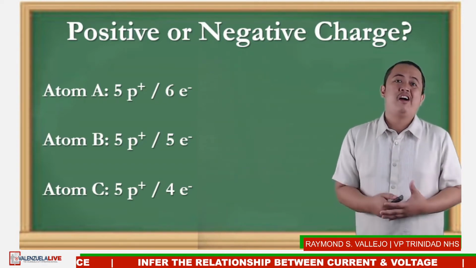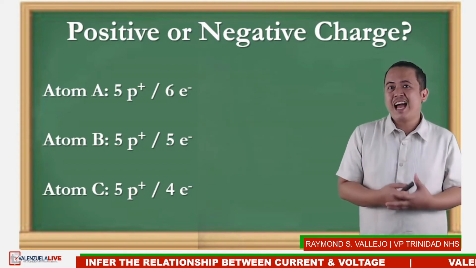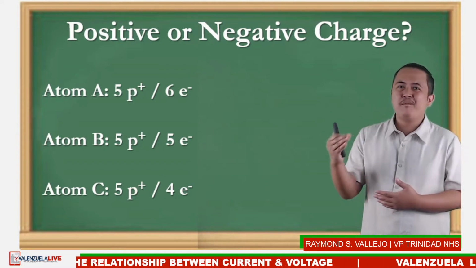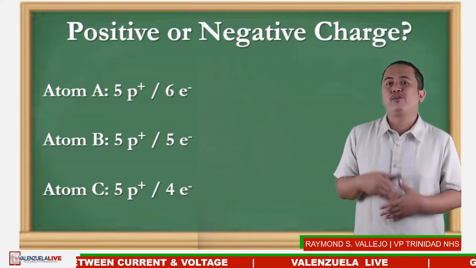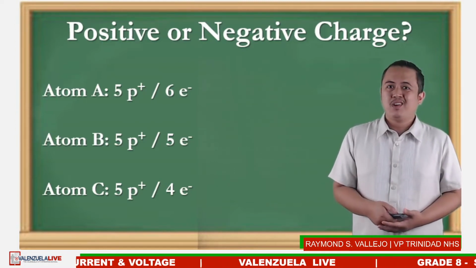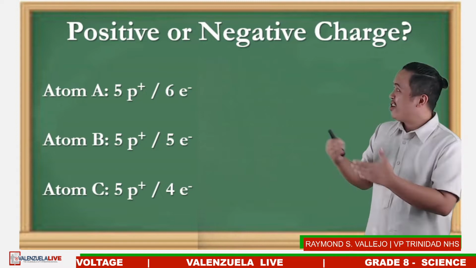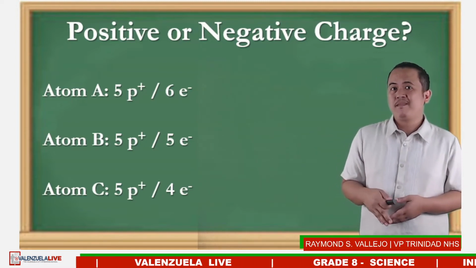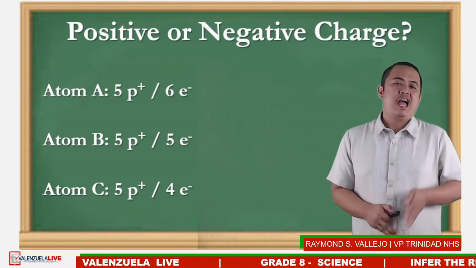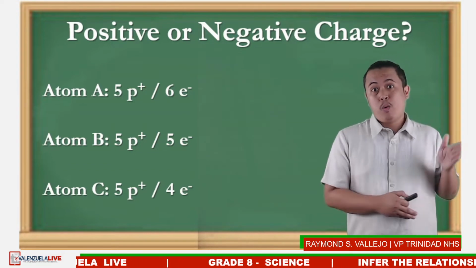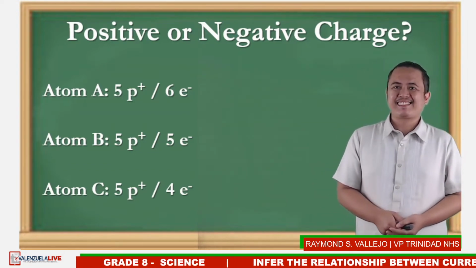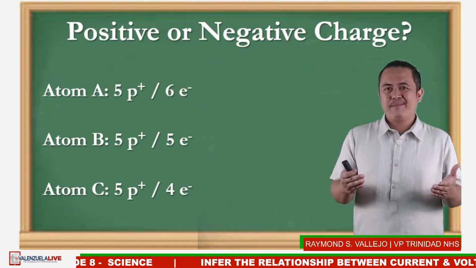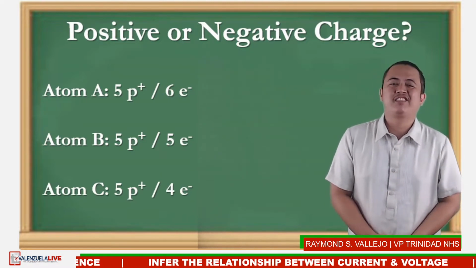Again, we have three given atoms: atom A, atom B, and atom C. Each atom has a different number of protons and electrons. So, what are the answers for each atom? Is it positive, negative, or no charge? Okay, here are the answers.